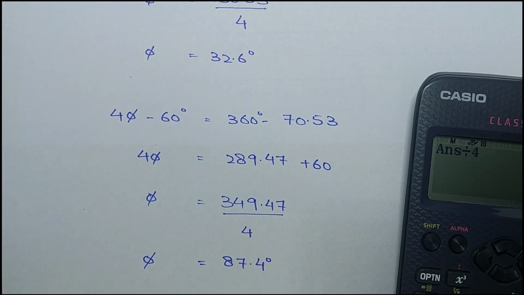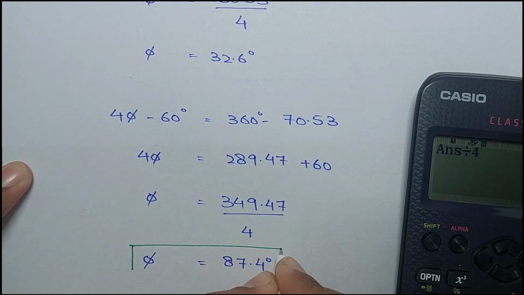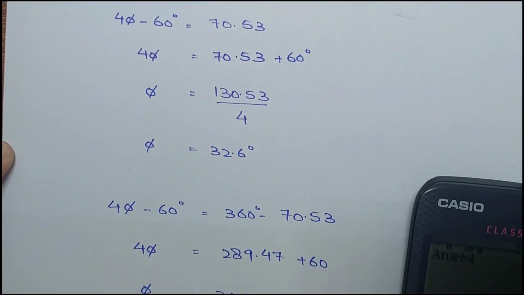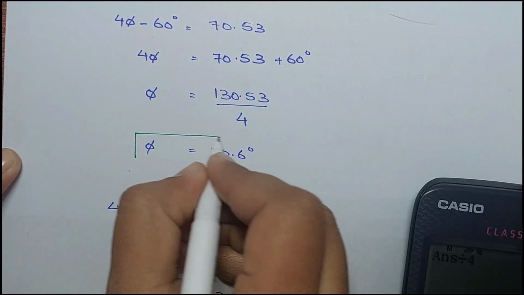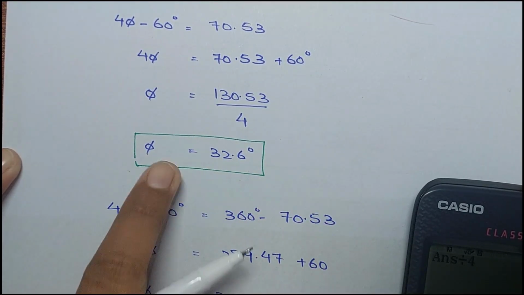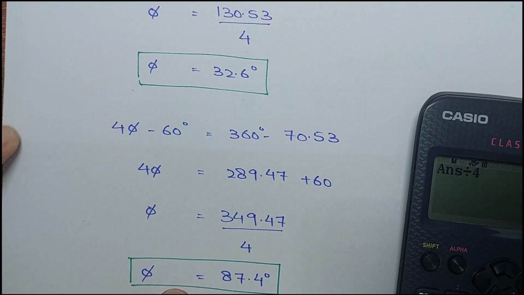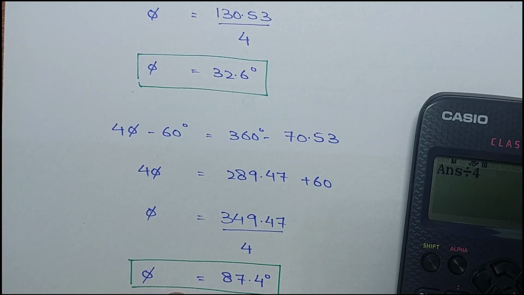So these are the two solutions. Phi is 87.4 degree, and phi is 32.6 degrees, and these two are in the range from 0 to 90 degree. So in order to get the two solutions, you have to check your domain, right?